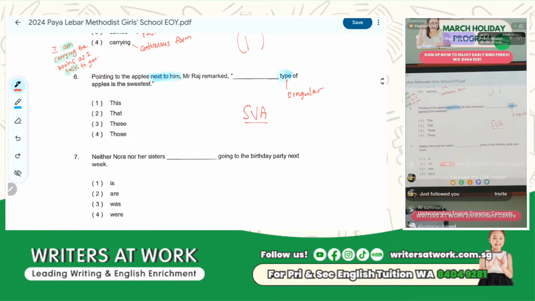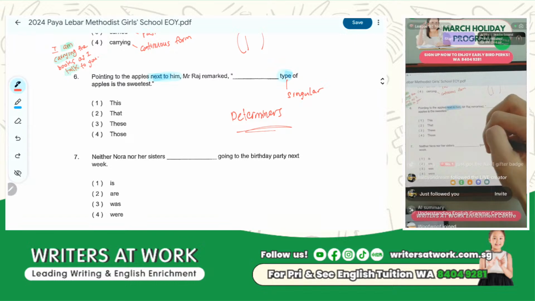Next thing we observe, before I move on, I just correct myself. Over here, we're looking at determiners, not subject-verb agreement. That's for question 7. Okay, so these determiners are used to refer to a particular subject.